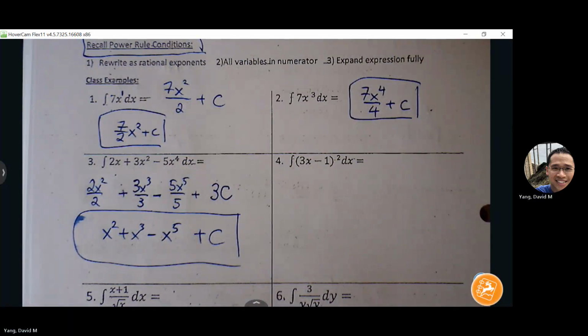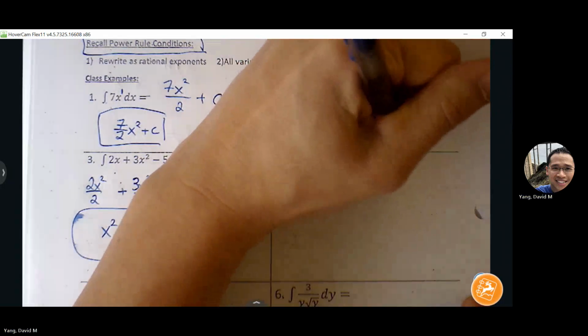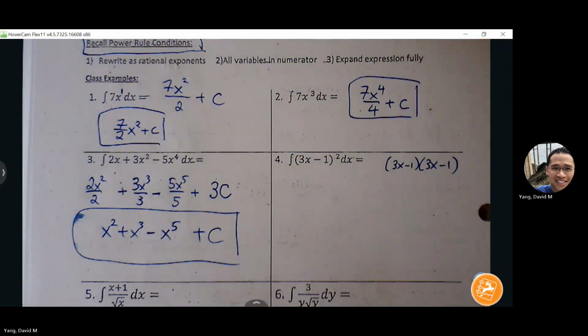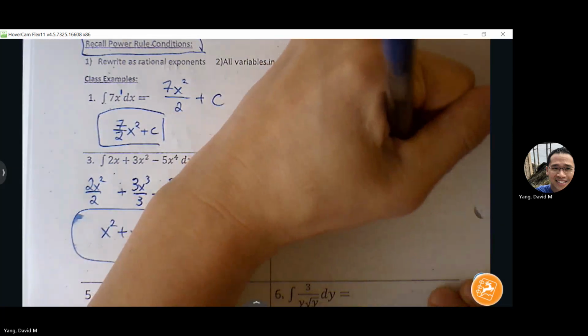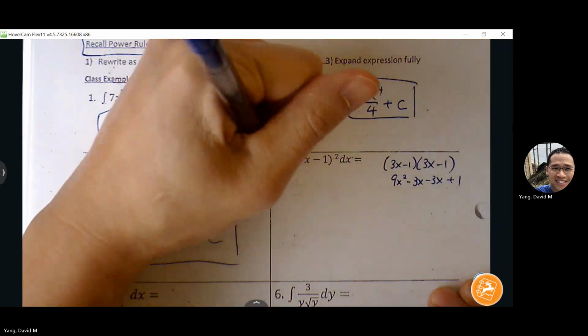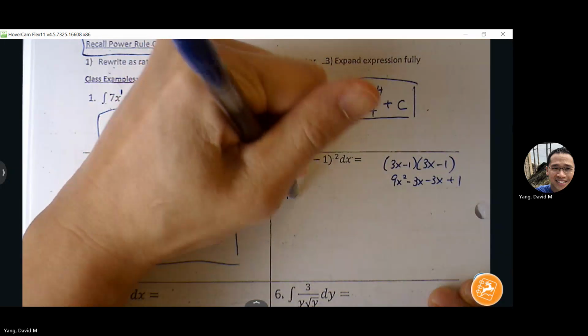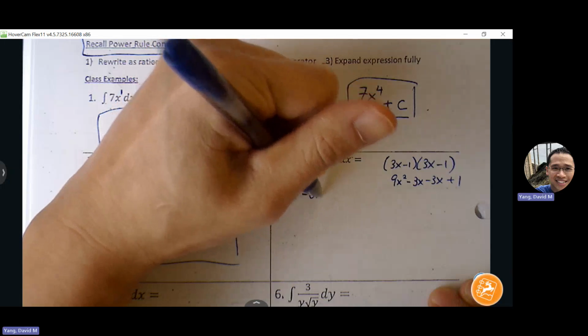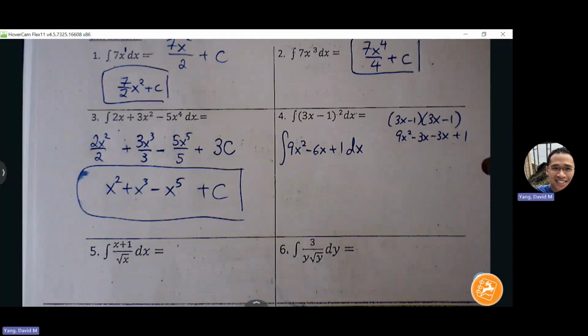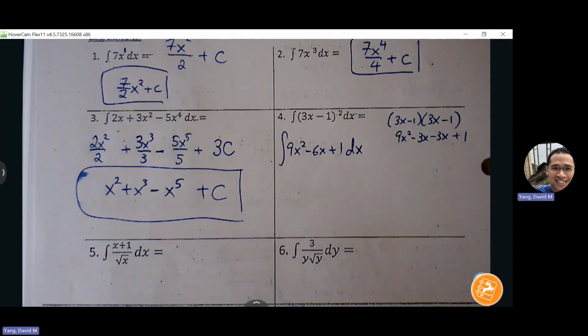You've got to write the parentheses out twice and take time to FOIL it out, right? So I haven't done any calculus to it yet. I'm just getting my expression ready so that I can apply power rule.